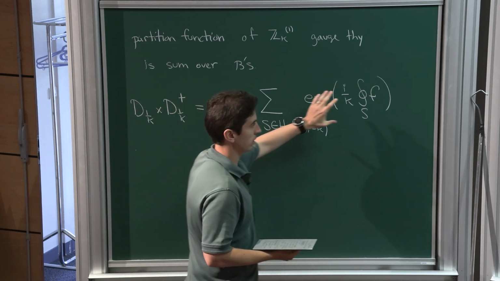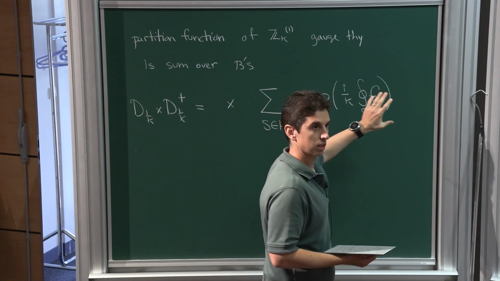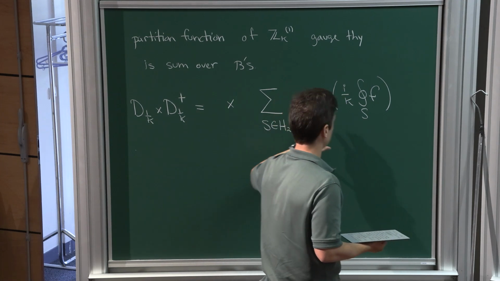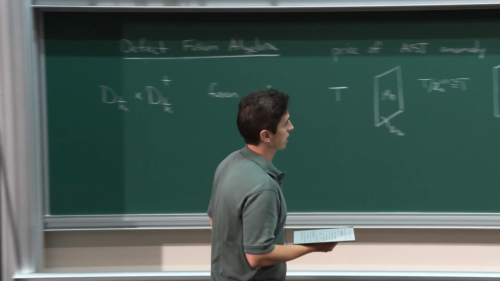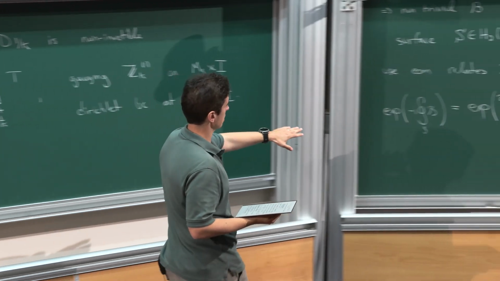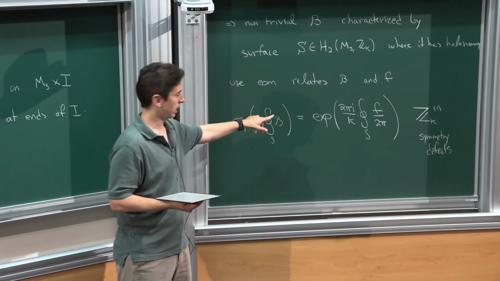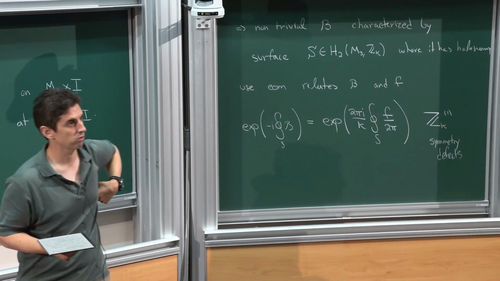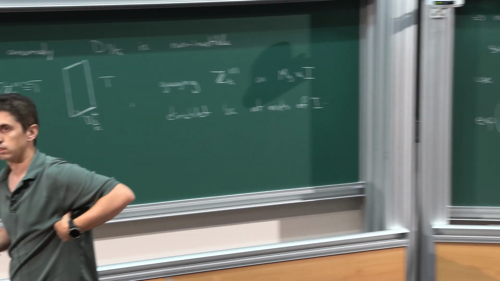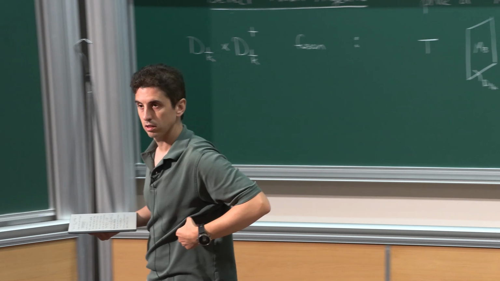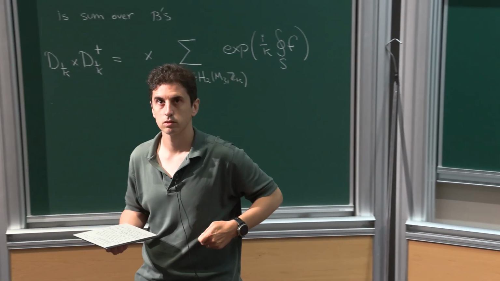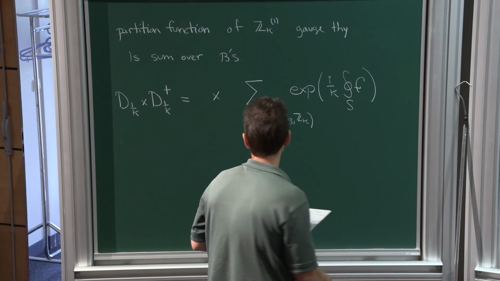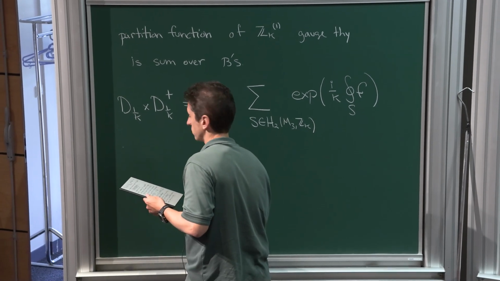But this part of the formula we have essentially derived. This is the partition function of the one-form symmetry gauge theory. It's a sum over Wilson surfaces. And we can identify those Wilson surfaces with the generators of the magnetic one-form symmetry.